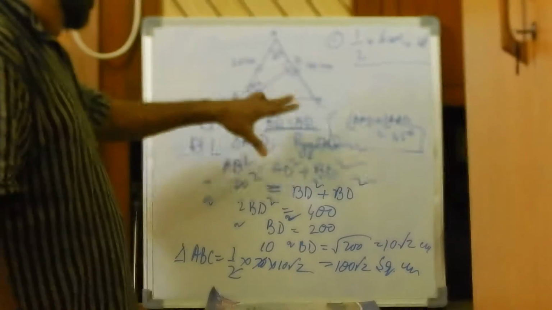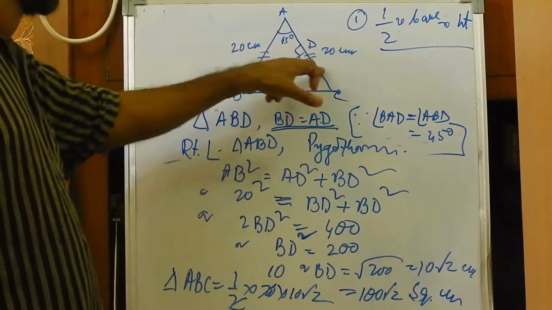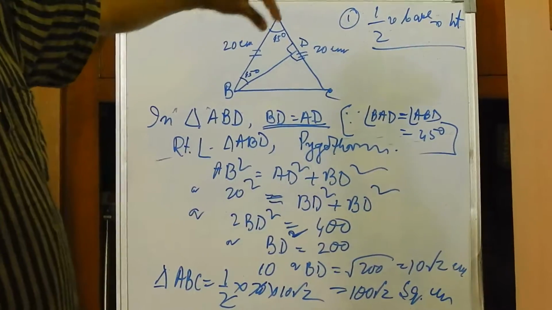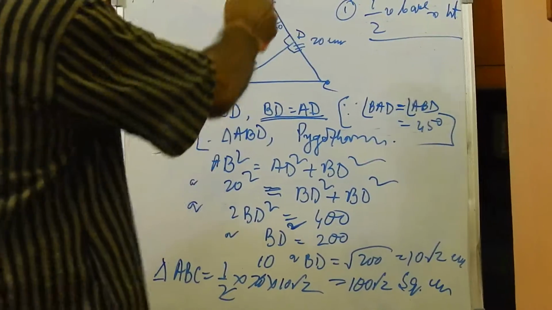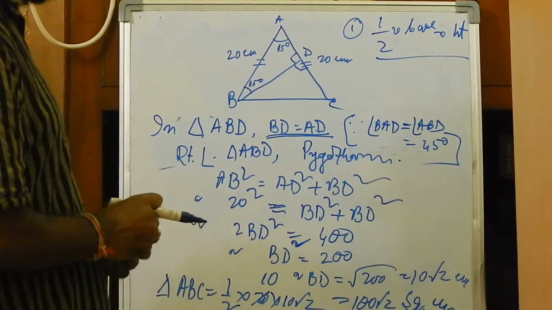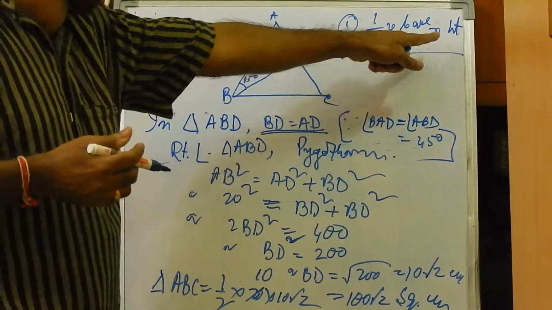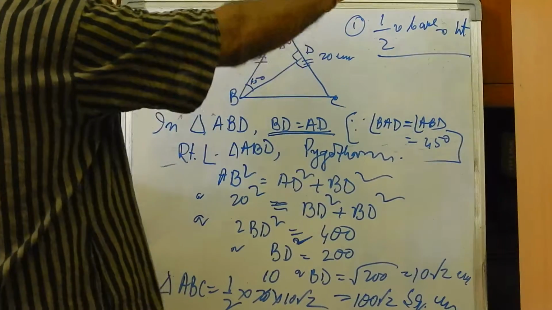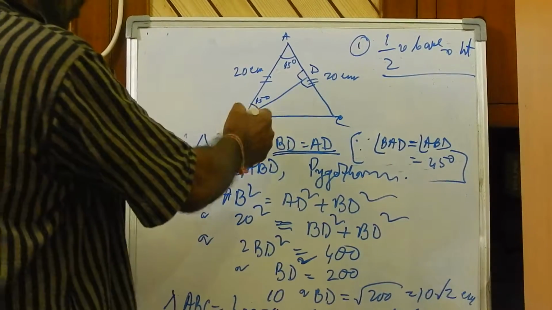I once again repeat, there is an isosceles triangle ABC and each of the equal sides is 20 centimeter and the angle holding these equal sides is 45 degree. And what you are required to deduce is the area of triangle ABC. For this, following the formula, we need some height. That's why we have drawn a perpendicular BD on the side AC.